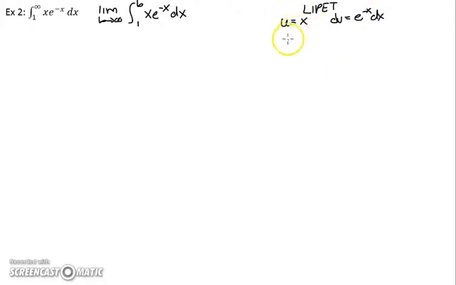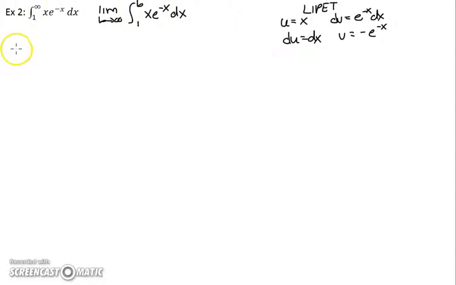Take the derivative, du equals dx. Take the antiderivative, v is going to be equal to negative e to the negative x. It's not just e to the x, because we have this little negative here, so you'd have to use a u substitution. U would be negative x, du would be negative dx, so that's where the negative outside of our e to the negative x comes from.